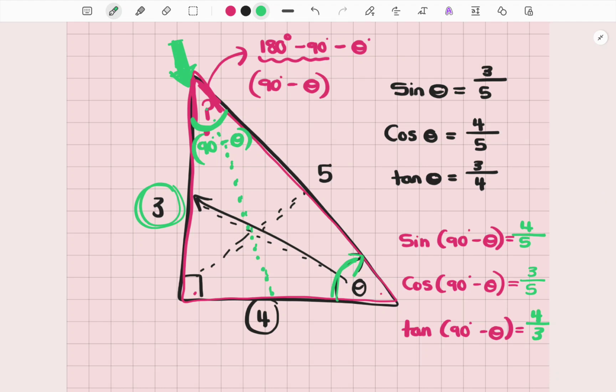So now we're looking from the top angle, and the opposite is 4, and the hypotenuse stayed 5, which is fine. Cos is the adjacent over here over the hypotenuse, and tan is the opposite, which is 4, over the adjacent, which is 3.